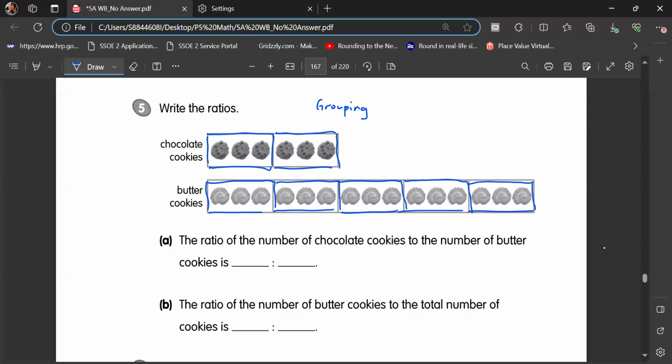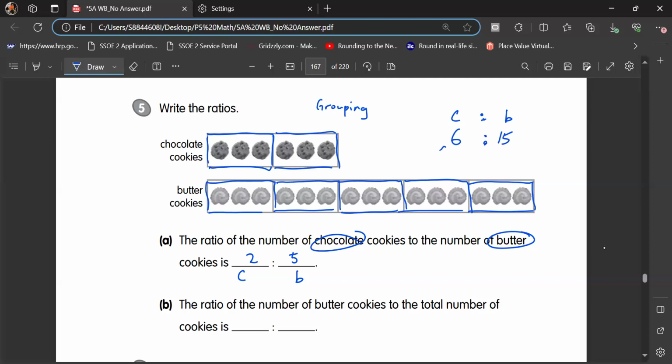So the chocolate to butter is 2 units is to 5 units. 1, 2, 3, 4, 5. Now exactly from chocolate to butter, there's actually 6 is to 15.